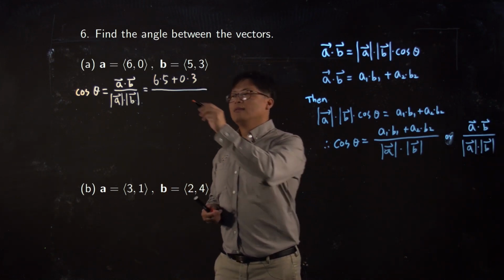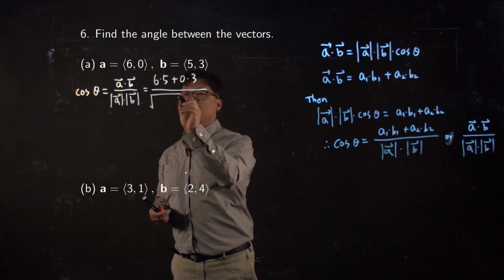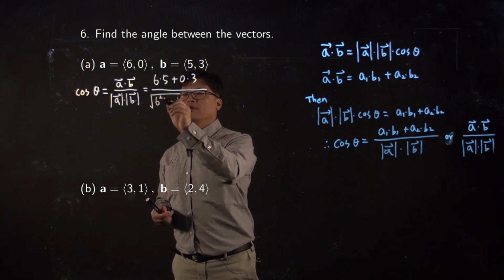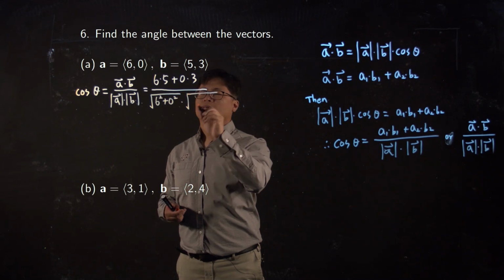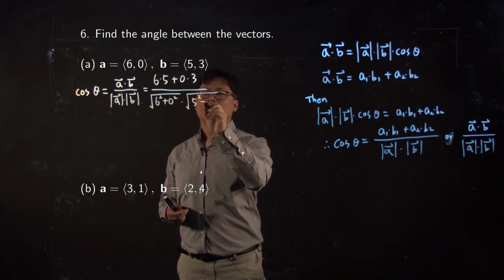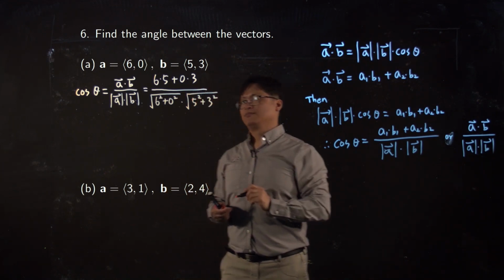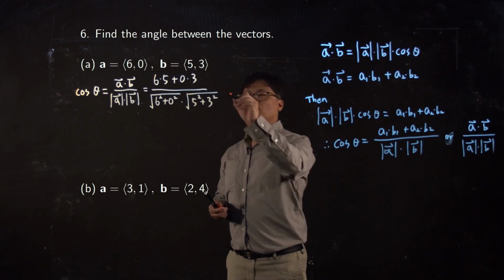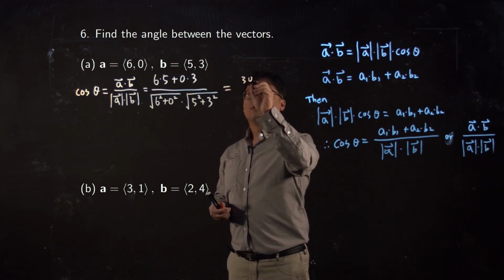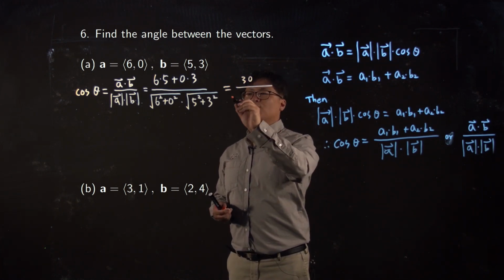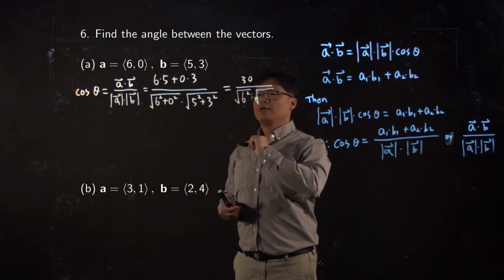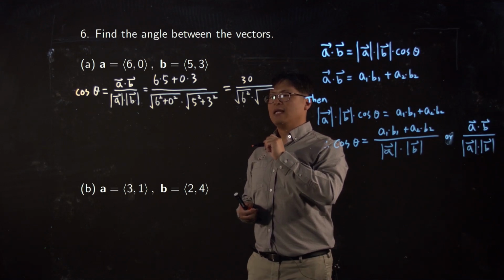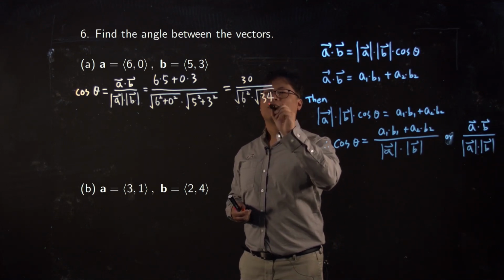Is that clear? Then the length of A is the square root of X component squared plus Y component squared, times the length of B, which is X component squared and Y component squared. That is equal to 30 over the square root of 6 squared times the square root of 25 and 9, 34.